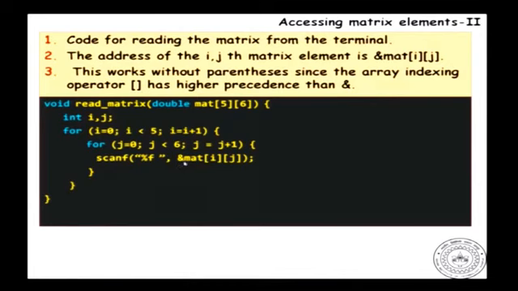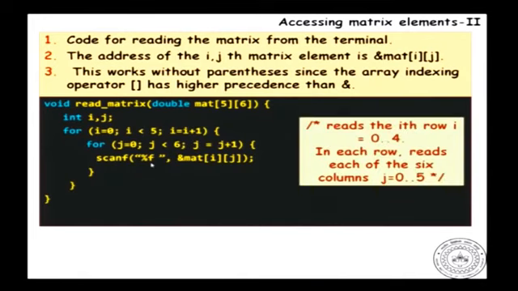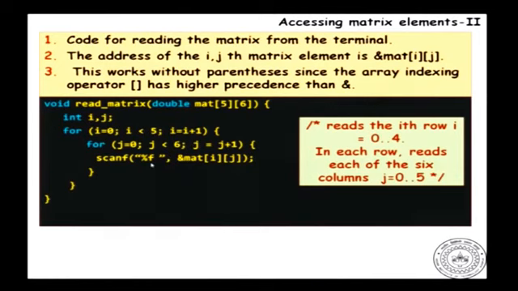Similarly, we have &mat[i][j]. Again, note that even though we have a double array, you read it in exactly as though it were a float array using the %f format. So, read in the ith row, and the row index goes from 0 through 4, and for each row read the jth column. The column index goes from 0 to 5.